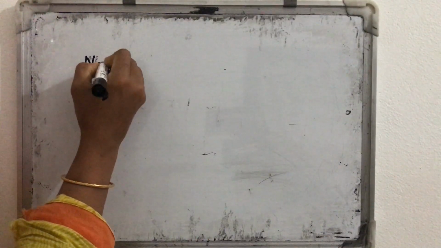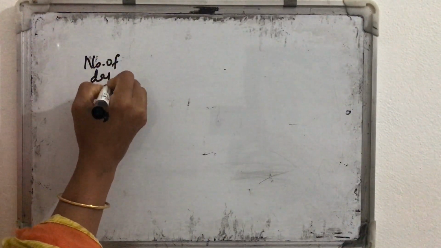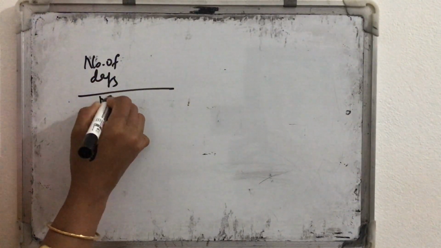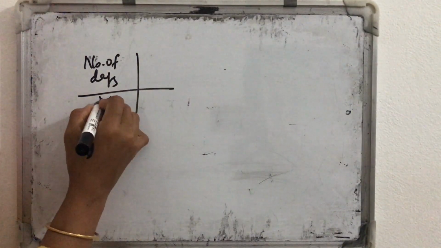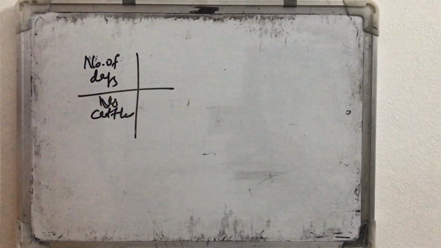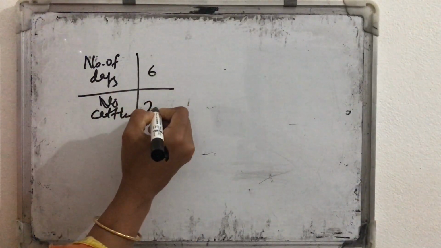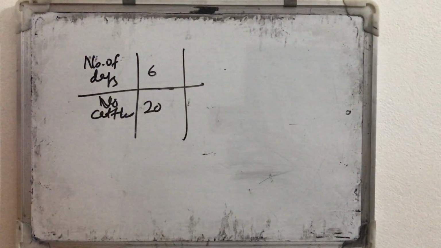So we have the number of days, and next is the number of cattle. If the number of days is 6, then the number of cattle is given as 20.